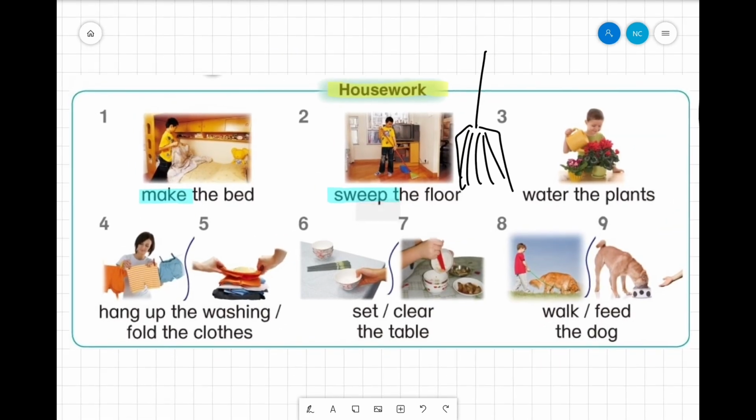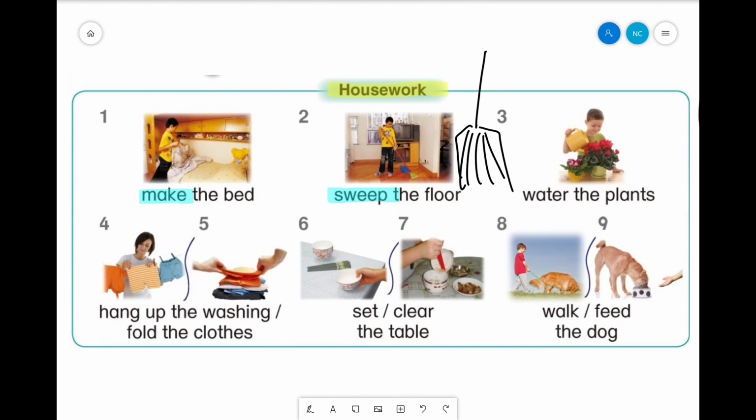Number 3, water the plants. What is the verb here? Which one is the action word? Like you may say, water is what we drink, so it is a noun. Plant is an object, so it's a noun too. But here is the beautiful thing.